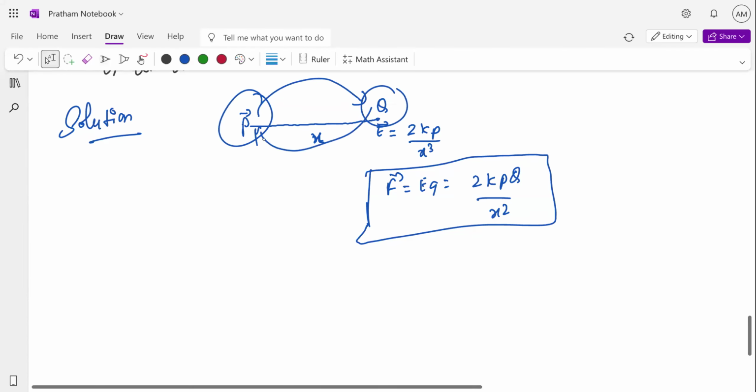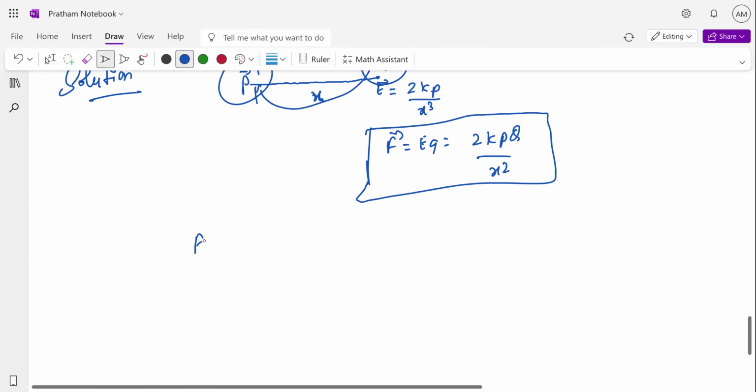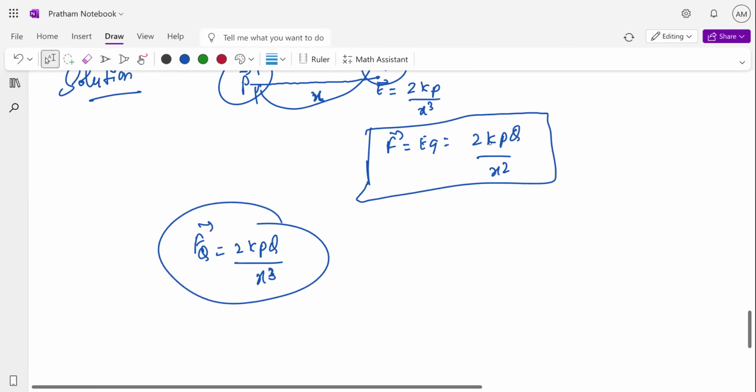So can I say the force applied by Q will also be 2kpq by x cube? Yes. Got the point? All right. So you can apply this method where the force from one to another is given and you have to calculate the other; you can just equate it because it follows the third law of motion. Okay.